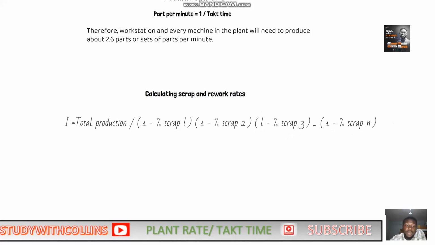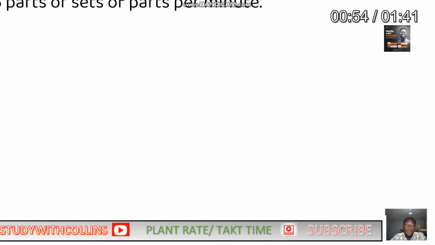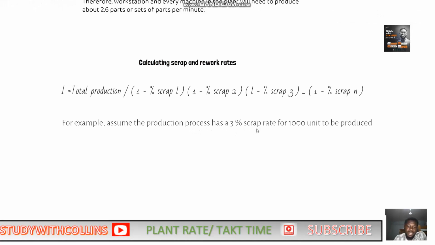Let's take an example involving scrap percent, and we will know how to use the formula too. For example, assume the production process has a 3% scrap rate, with 1000 units to be produced. So we are using the same constraints as given in the first example, but with this one, the production process has a scrap percent of 3.